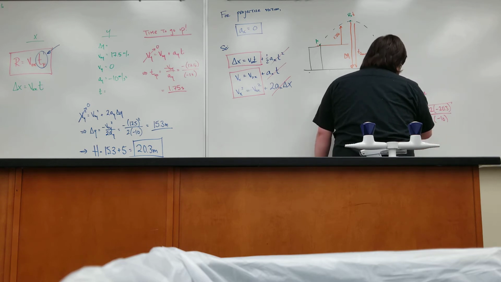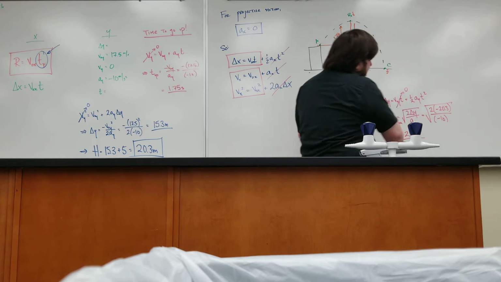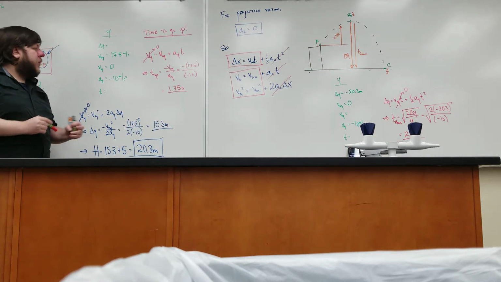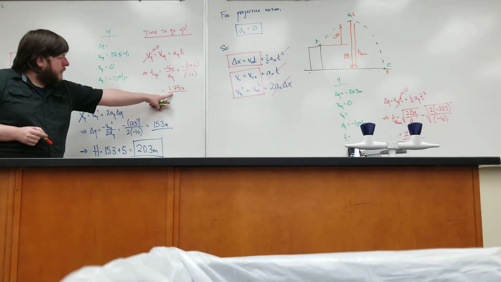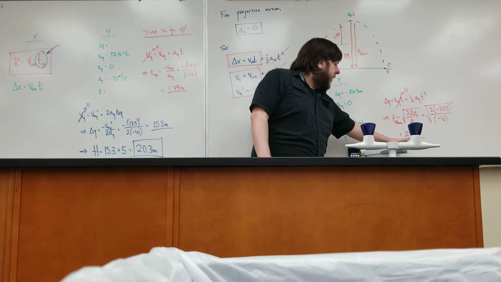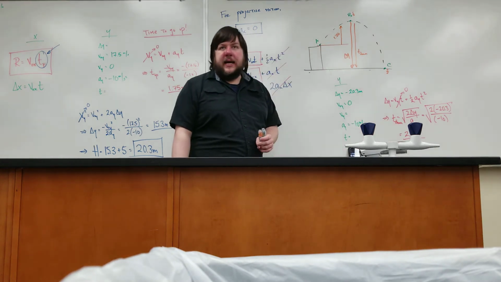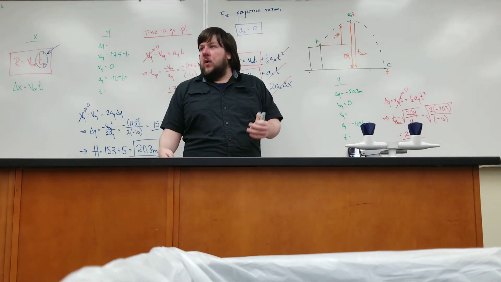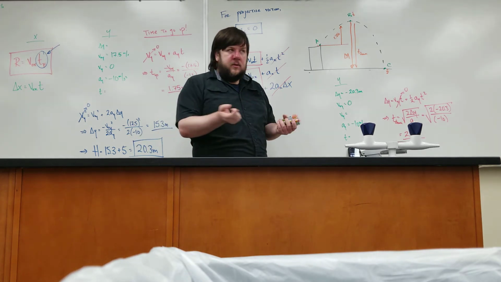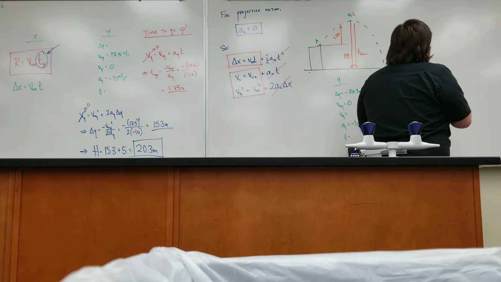And remember, that's the time it takes to go down. So we know the time it takes to go up is 1.75 seconds. We know the time it takes to go down is 2.01 seconds. And so what's the total time it's in the air for? What's the time of flight? Add it. Right?